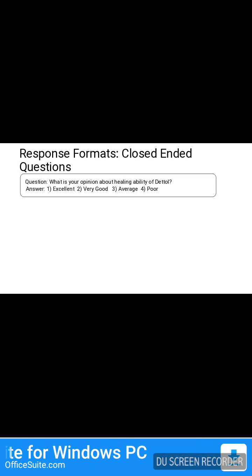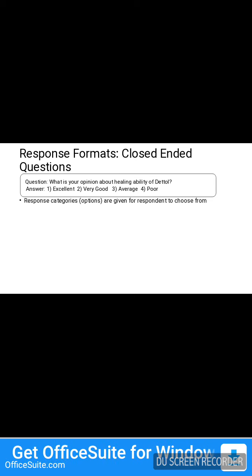But then they have their own advantages, they have their own pros and cons. What happens, as I've already said, is that the response categories or the options are given for the respondents to choose from. So they can easily choose one of these response categories.